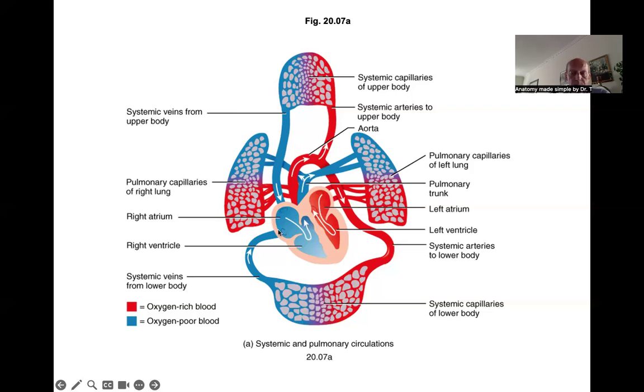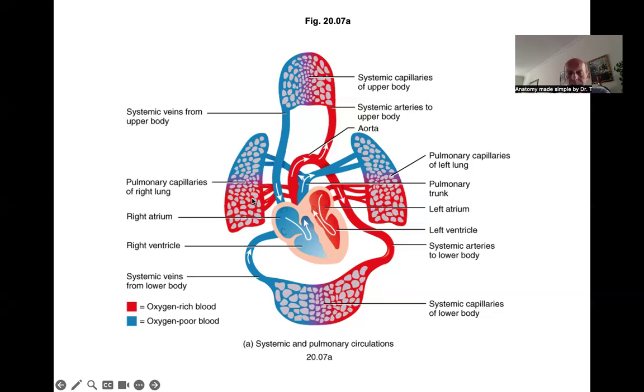From the lower parts of the body, so anything that's distal to the diaphragm, we have another hollow vein, this time named inferior vena cava, which collects blood from the lower limbs, pelvis, and abdomen, and brings deoxygenated, carbon dioxide-rich blood also into the right atrium of the heart.